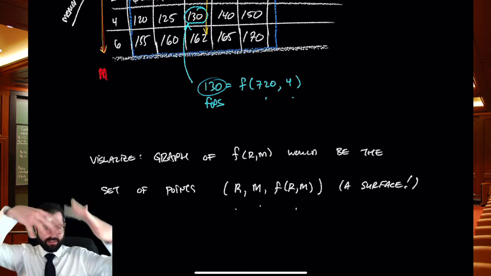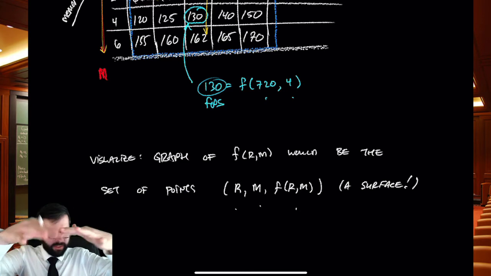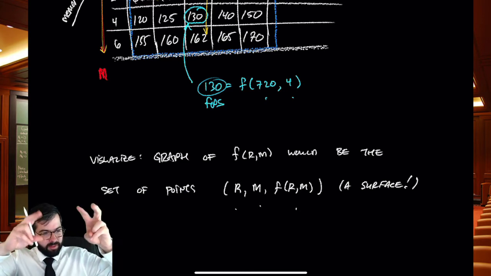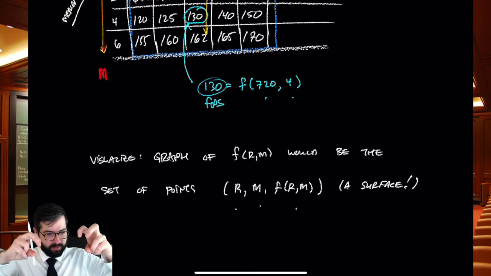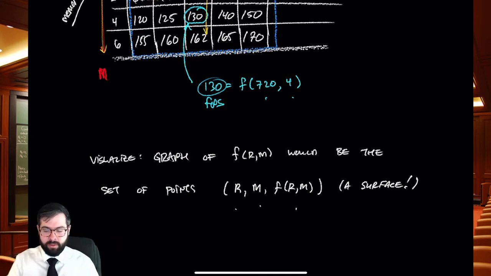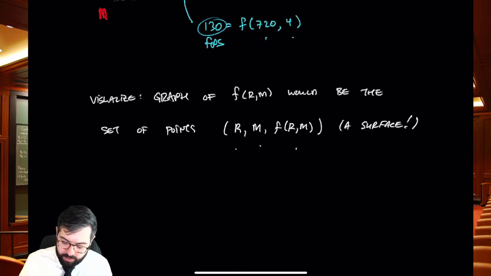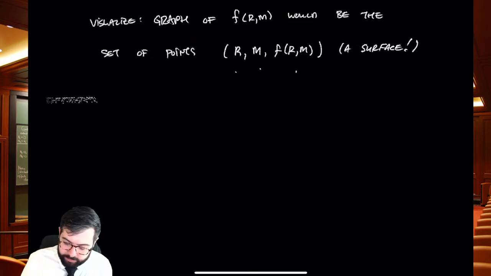And so you can see it's going to be like a blanket, a surface of some kind over the xy axis that's representing the frame rate based on your given inputs. All right, so we have that kind of numerical perspective.